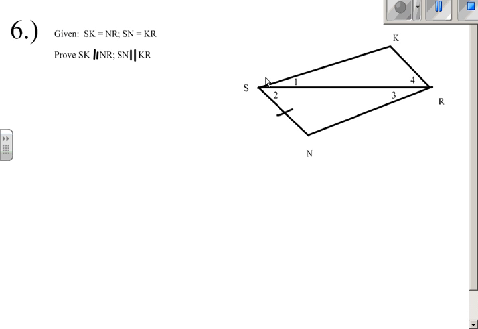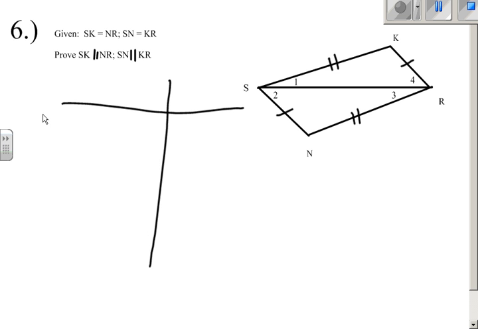It says SK is congruent to NR is here, and then SN is congruent to KR is there. So when we do our proof, it's going to look a lot like the last proof. So step 1, we have SK equal to NR and SN equal to KR, given.